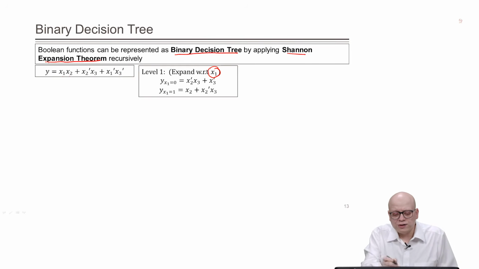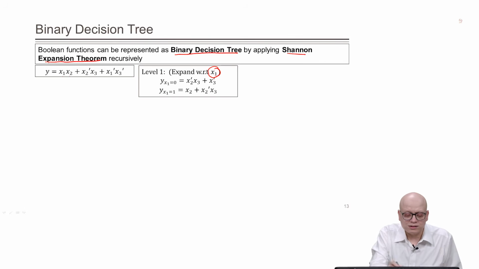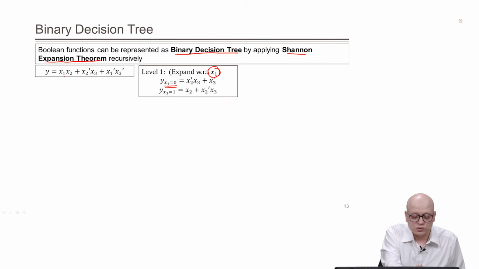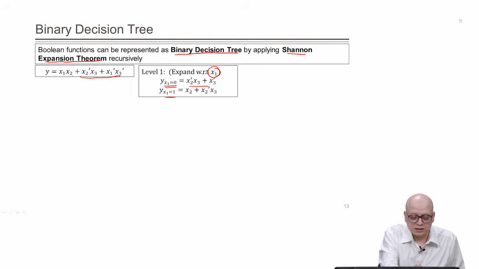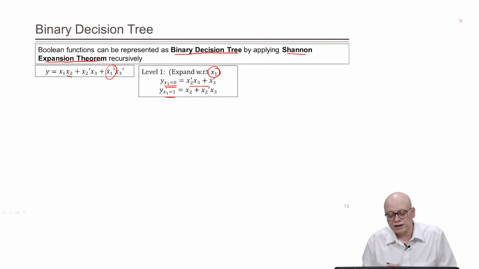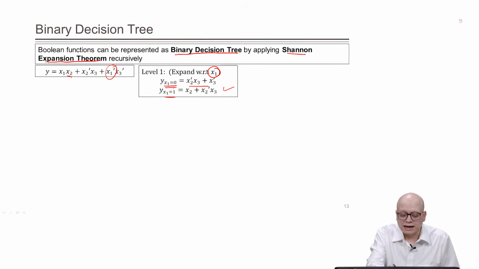If we take x1 equal to 0, this term goes away and we are left with these two terms. Similarly, if we take x1 equal to 1, this term becomes x2, and the x1 bar term goes away, and we are left with these two terms. So, first we expanded with respect to the variable x1.